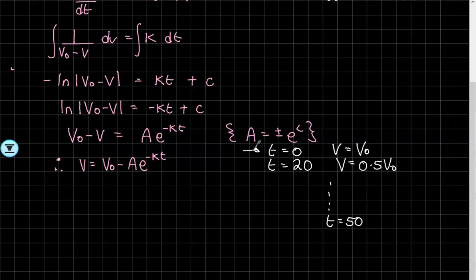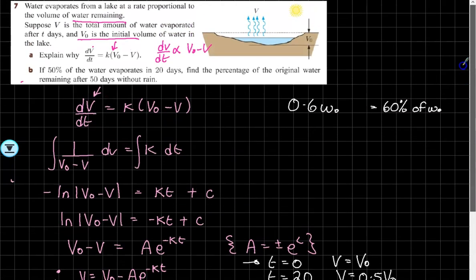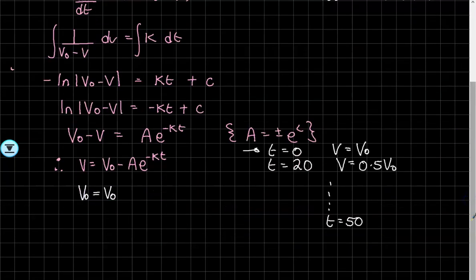Okay, so what have we got? We've got V equals V naught minus A e to the, well, 0. So that becomes 1. Did it tell us what the original volume was at all? No. Missed something.